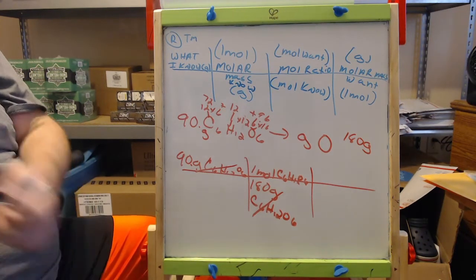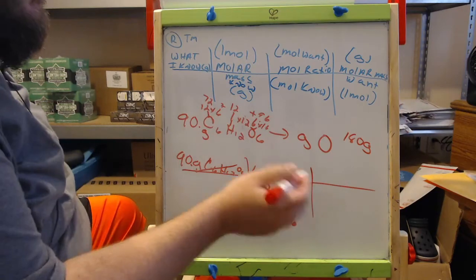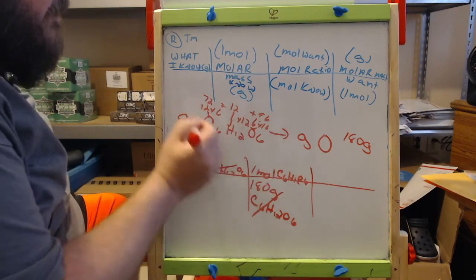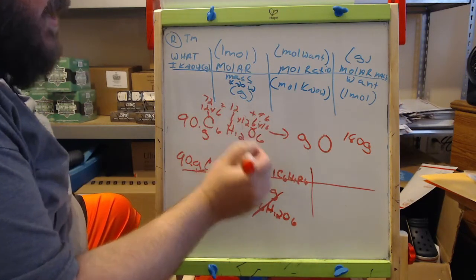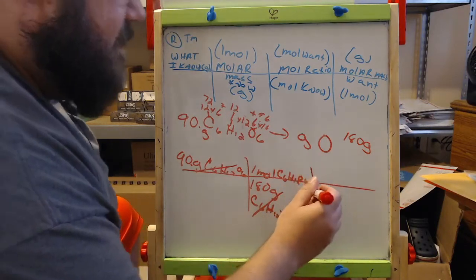Yep, 6-1. Vaughn, you got it. 6-1. So for every one of these big molecules, I have 6 oxygen. Okay, that's where that comes from.